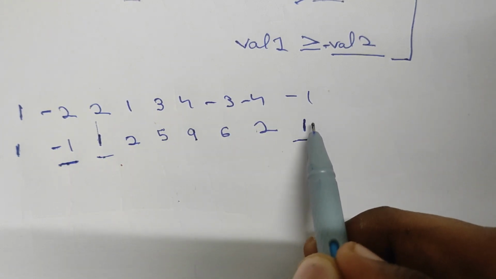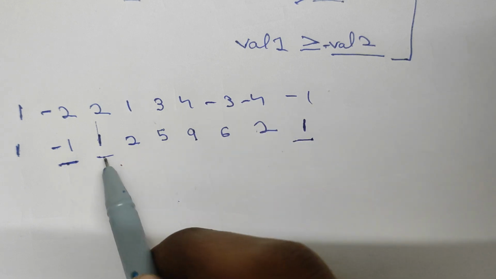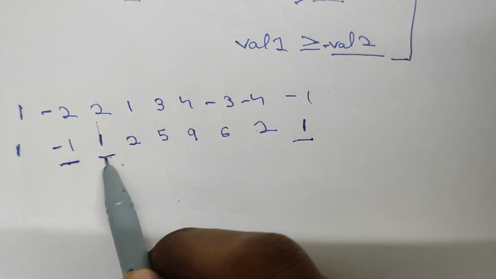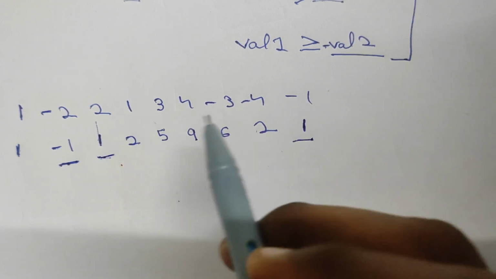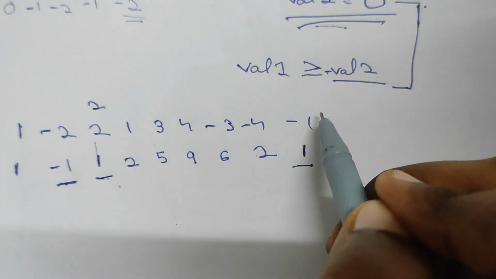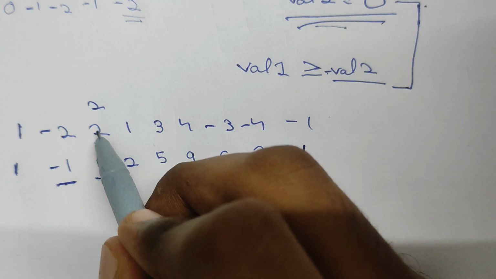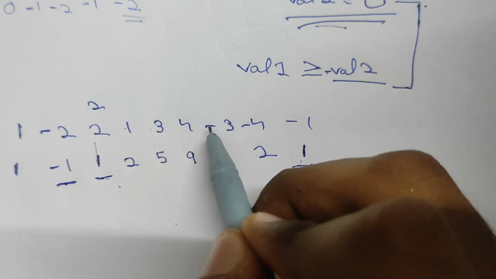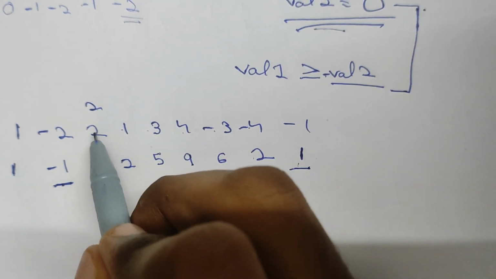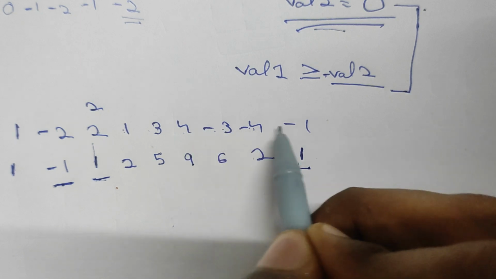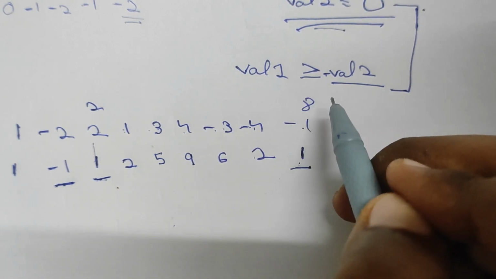Okay, I will show you here. The index corresponding to this one is 2, right? The index corresponding to this one is 2 3 4 5 6 7 8.